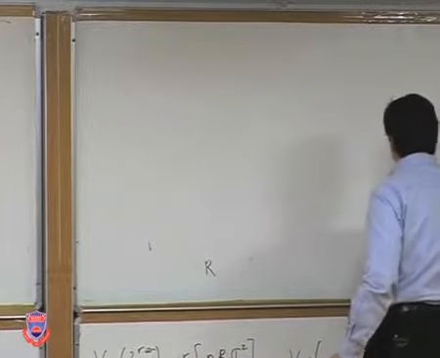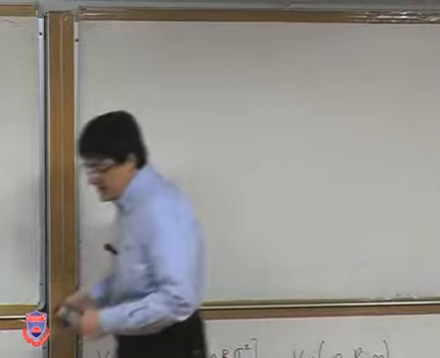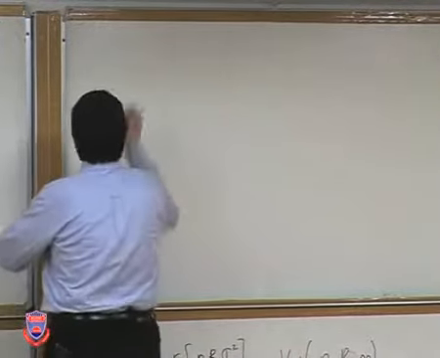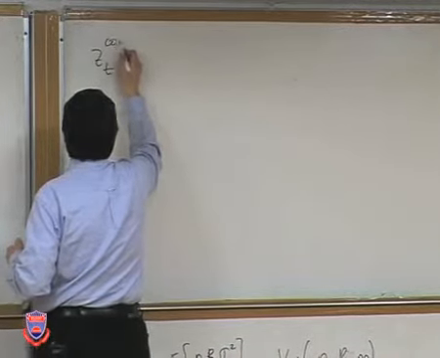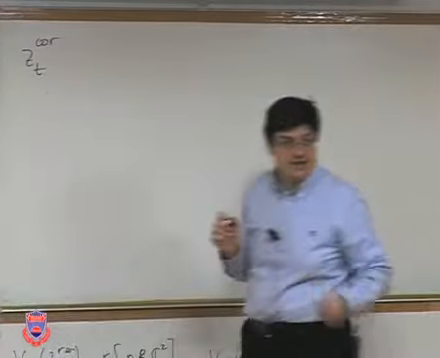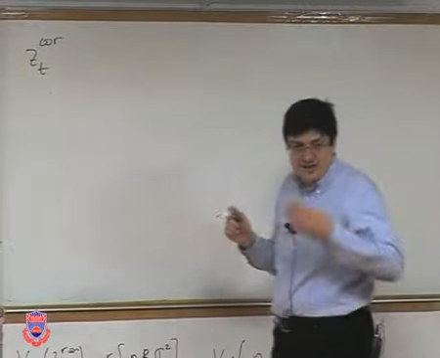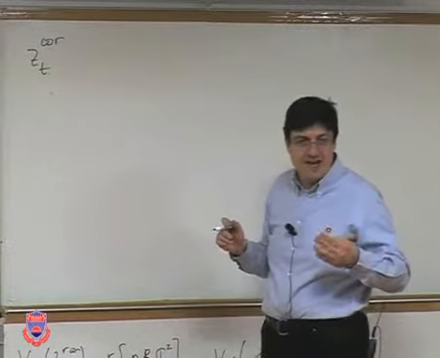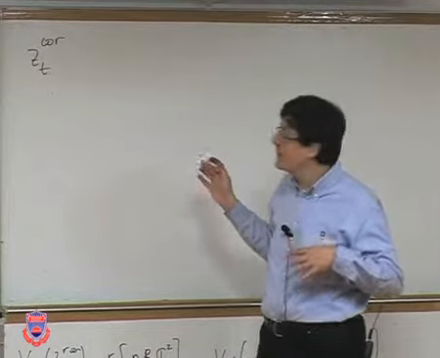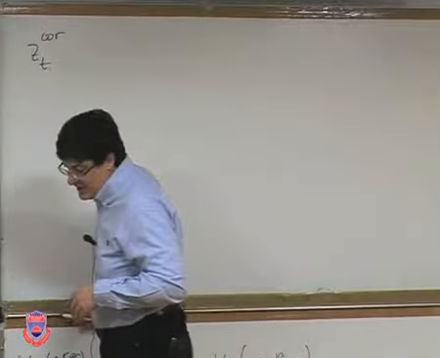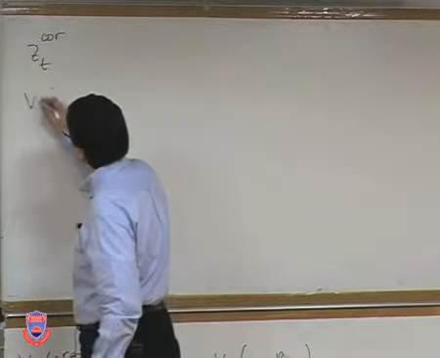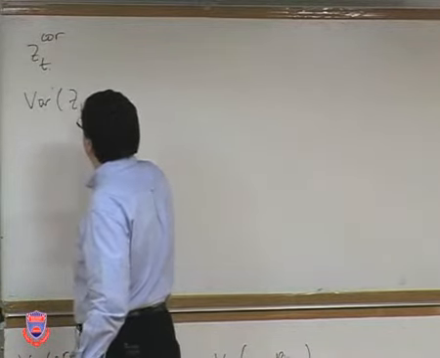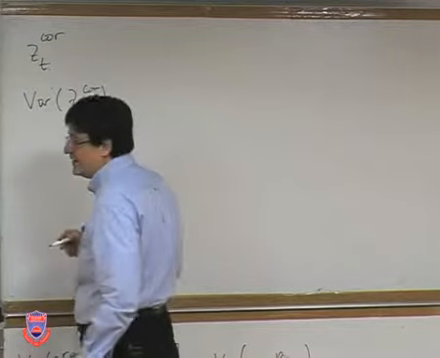This is going to correspond to the case where we have z sub t correlated, which is the same thing, but this time under this scheme. Again, I am going to compute the variance of z_t correlated.